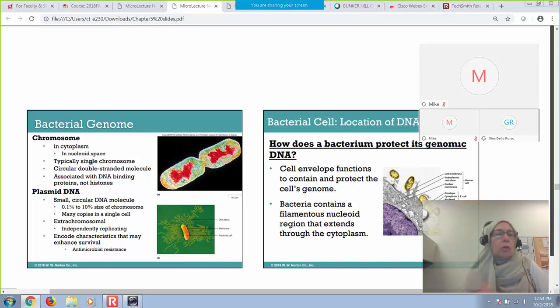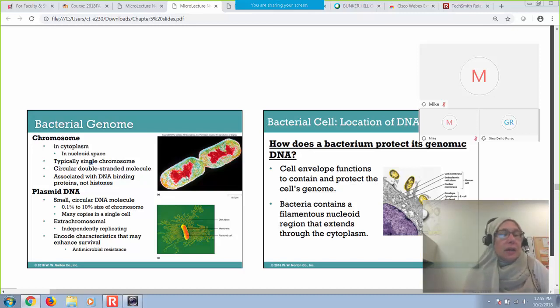So the chromosome, as would a chromosome in our own human cells, or the chromosomal DNA in a fungal cell, the chromosomal DNA is all of that DNA that's required for the organism to reproduce itself.